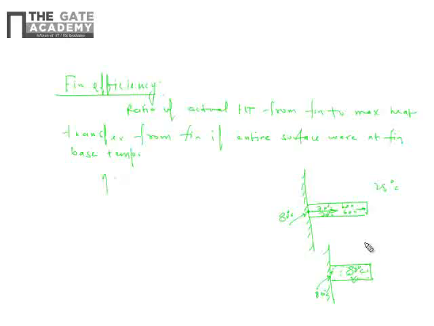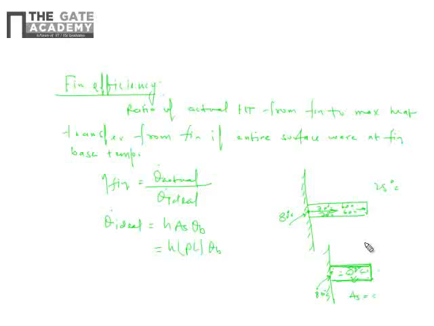So efficiency of fin is defined as Q dot actual upon Q dot ideal, and Q dot ideal can be given as h As into theta b, since all the surface is maintained at base temperature, and this is equal to h into P L theta b.